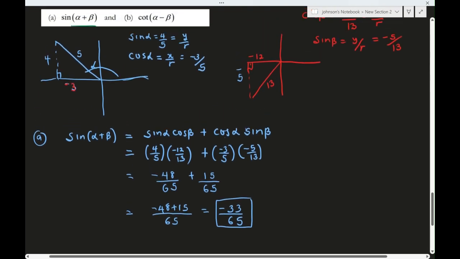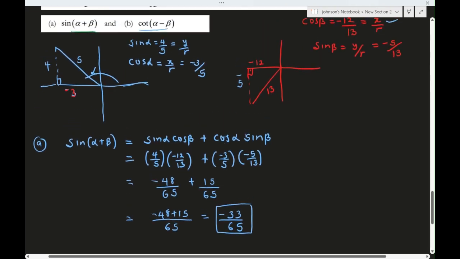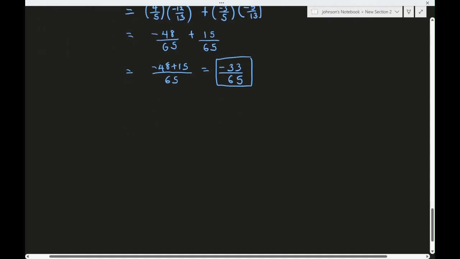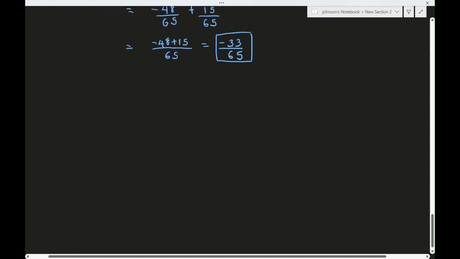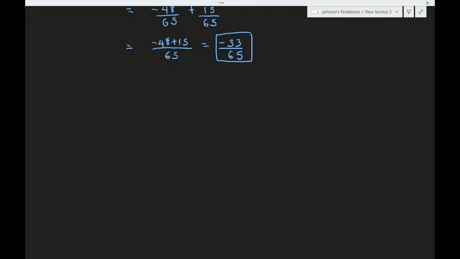Then to find B, we want to find cotan. We're looking for cotan of alpha minus beta, which we don't have a formula for yet, but cotan is just 1 over tan of alpha minus beta.